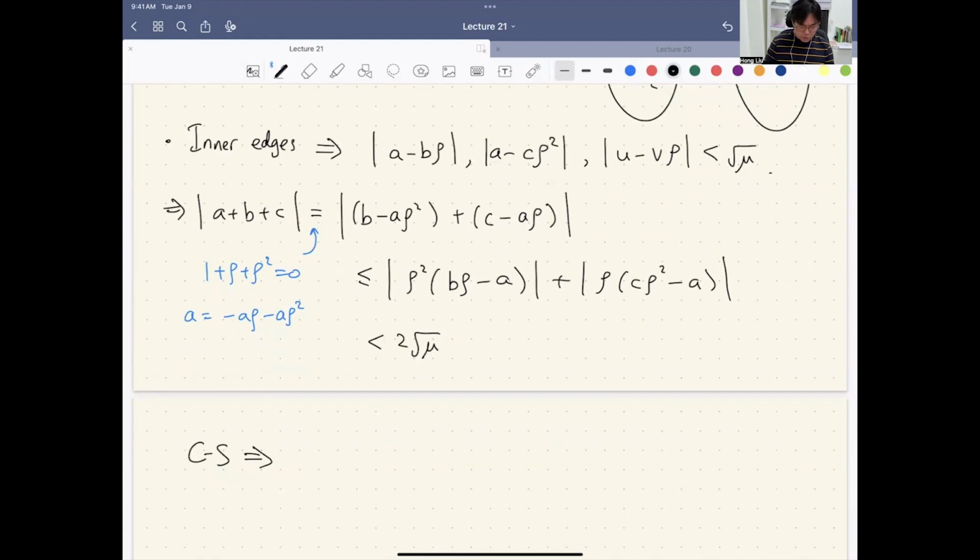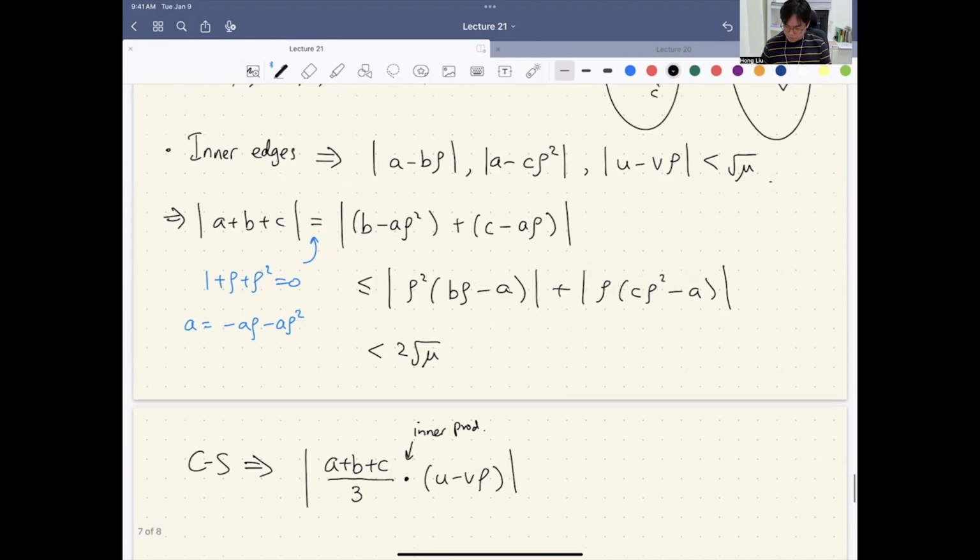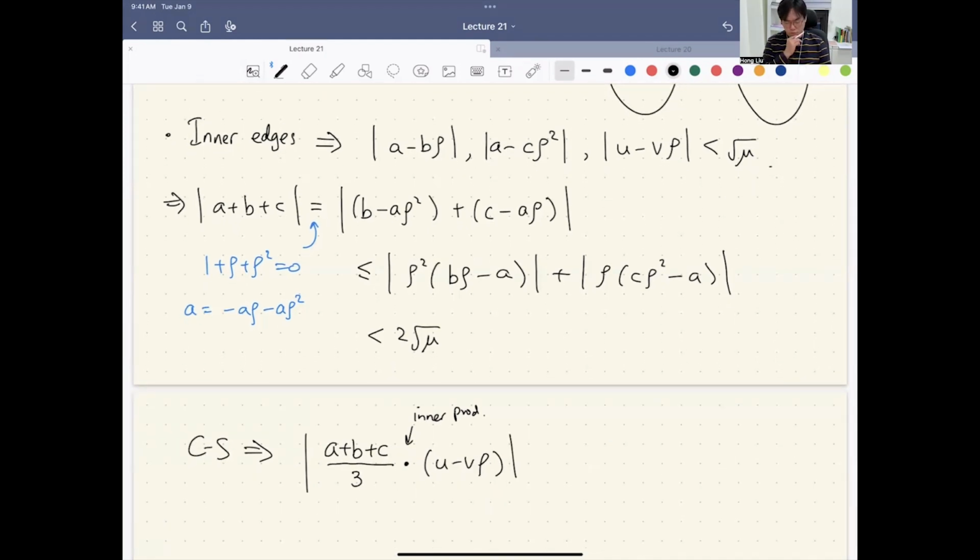Now, Cauchy-Schwarz implies that for A, B, C, let's take their arithmetic mean, times the inner product, this means inner product, I'm lazy to write this one, times U minus V rho, is less than 2/3 mu.